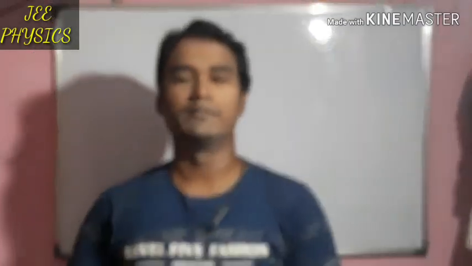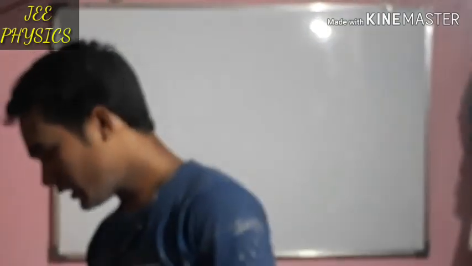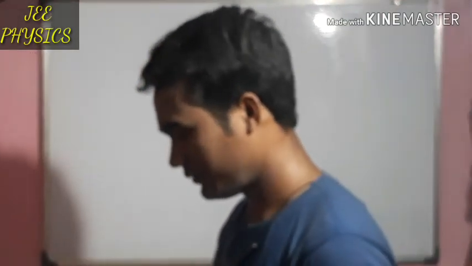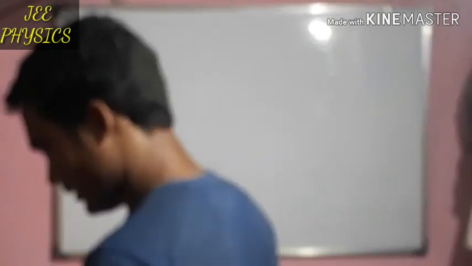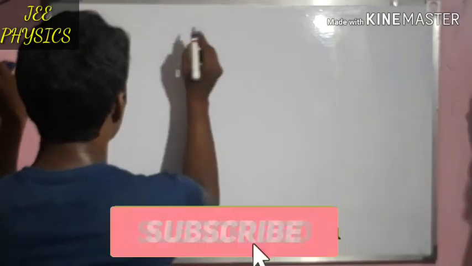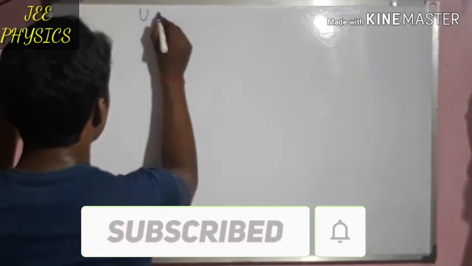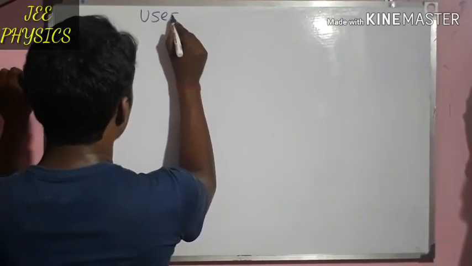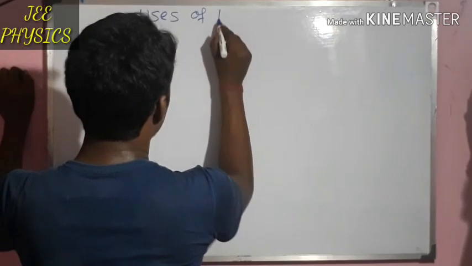Today I will discuss the uses of dimension. We have three uses of dimension. First one is homogeneity of dimension in an equation. So today's video is uses of dimension.